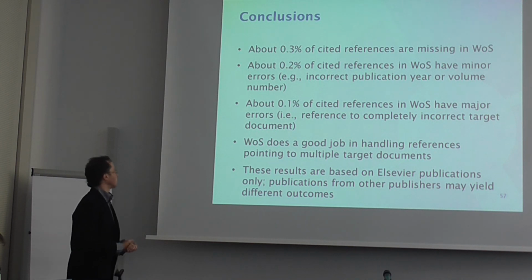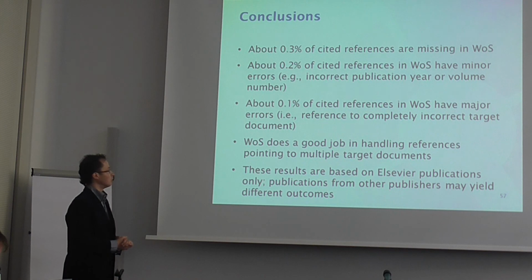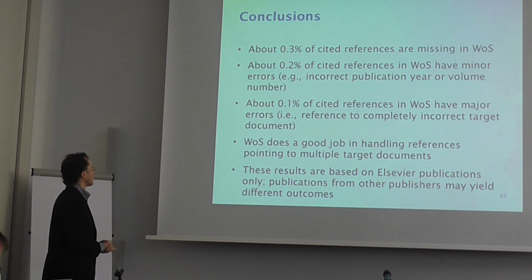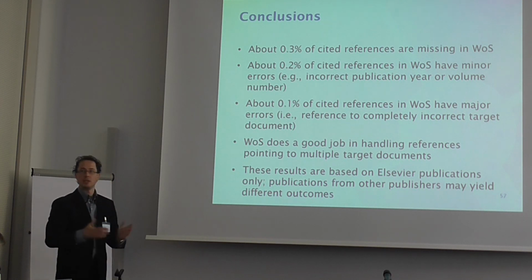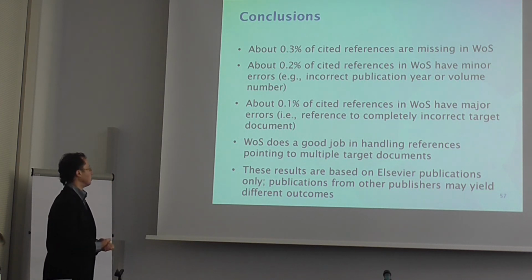Web of Science is actually doing a good job in handling references pointing to multiple target documents. And of course, these results are based on LCP publications only, so publications from other publishers may yield different outcomes.